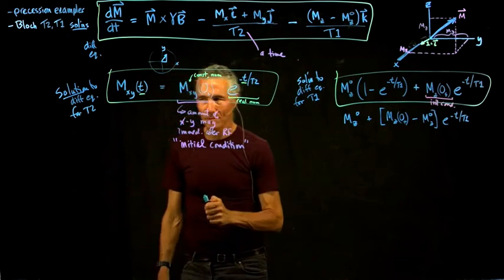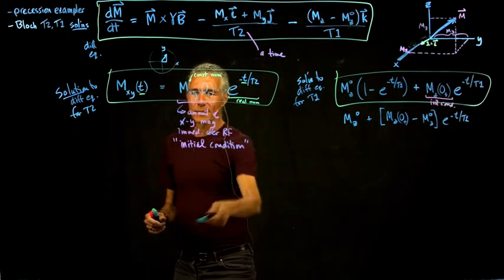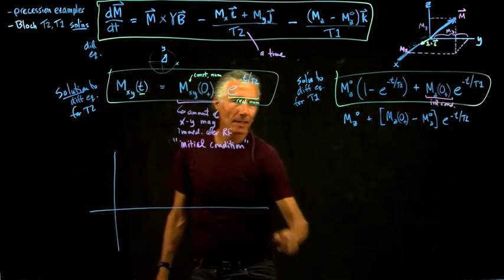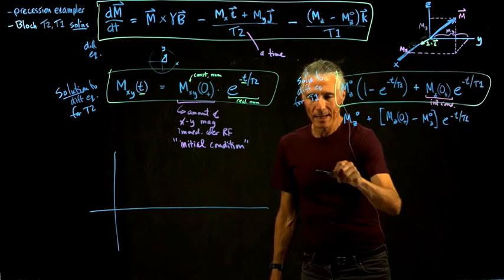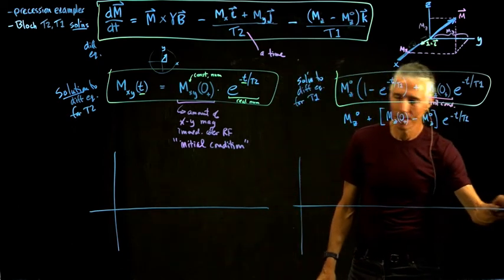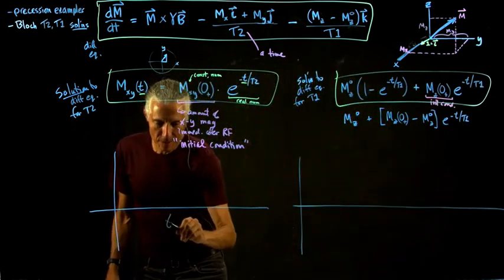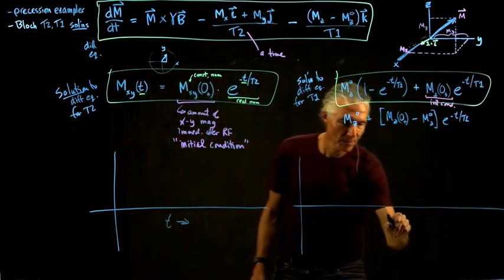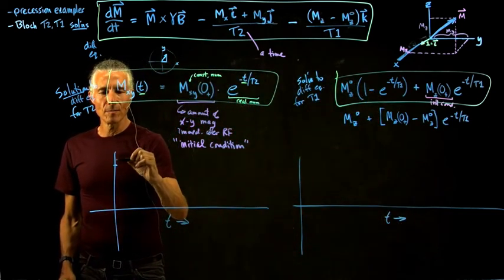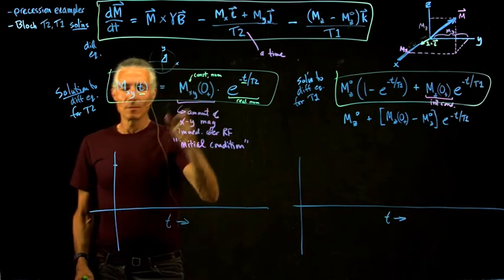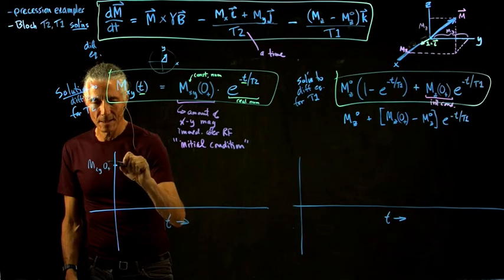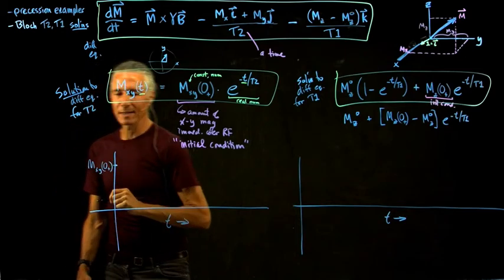So what does this look like if we just plot it? I'll plot this below, and I'll try to keep the x-axis the same length in both of these. We're plotting this out as a function of time. So where are we starting? We're starting at Mxy0+. That's the amount of xy magnetization we have.